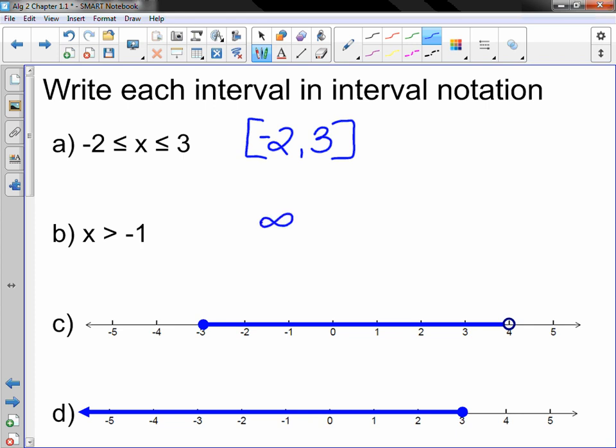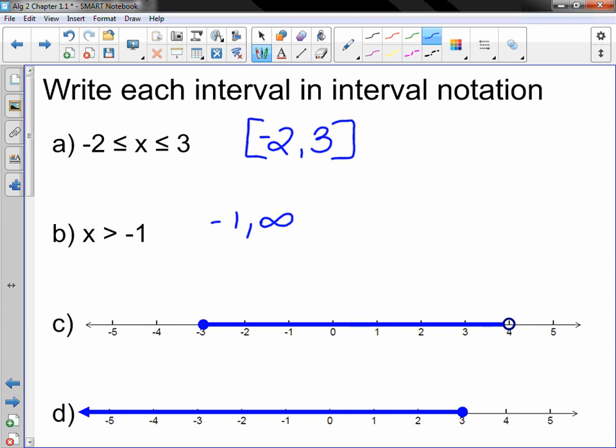Would we put the -1 on the left or the right of infinity? Because what's bigger, -1 or infinity? Infinity, so it would be on the right, and -1 would be on the left, because the bigger number is always going to be on the right, the smaller number on the left.